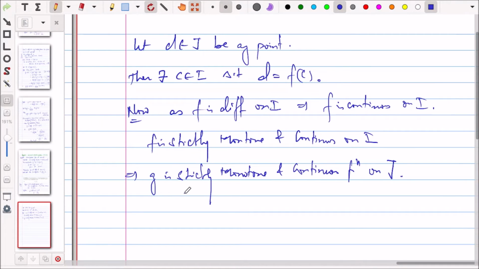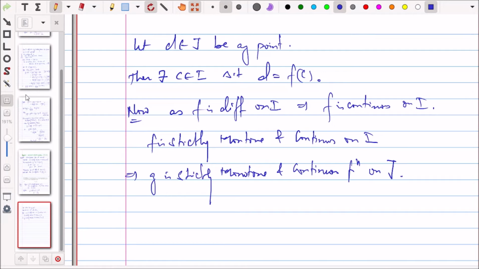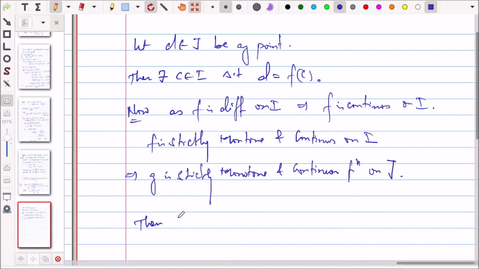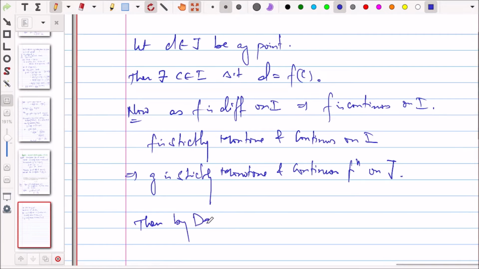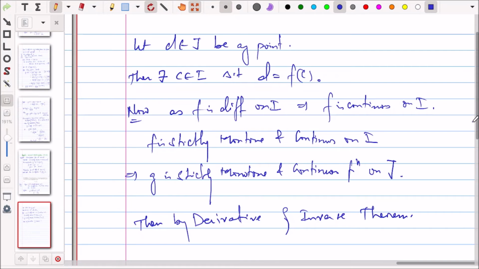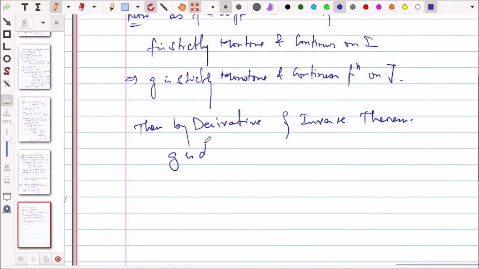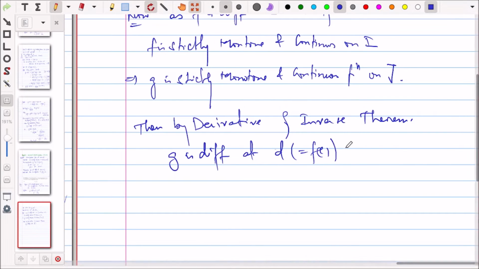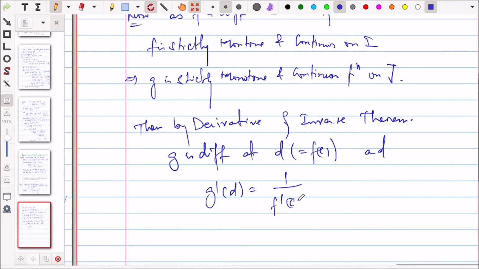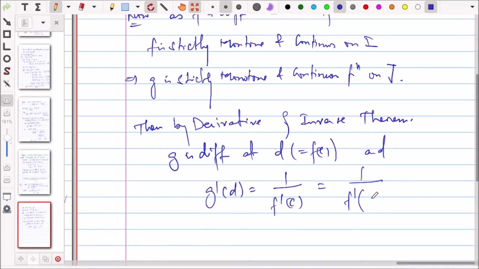Now see, all the properties of the theorem are satisfied at point c. So by the derivative of inverse theorem, g is differentiable at d equal to f of c, and g dash of d is equal to 1 by f dash c, and this can be written as 1 by f dash of g of f c, right?